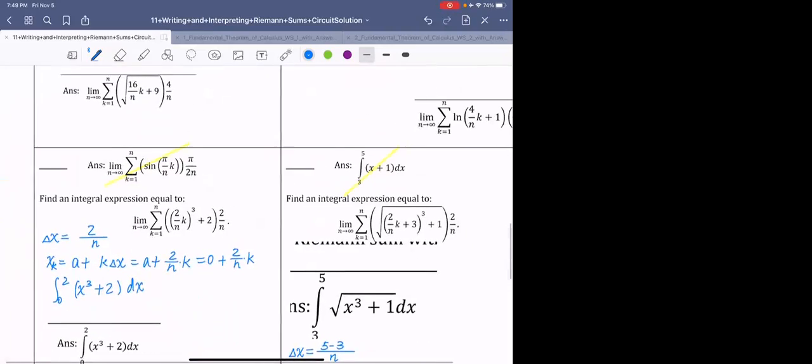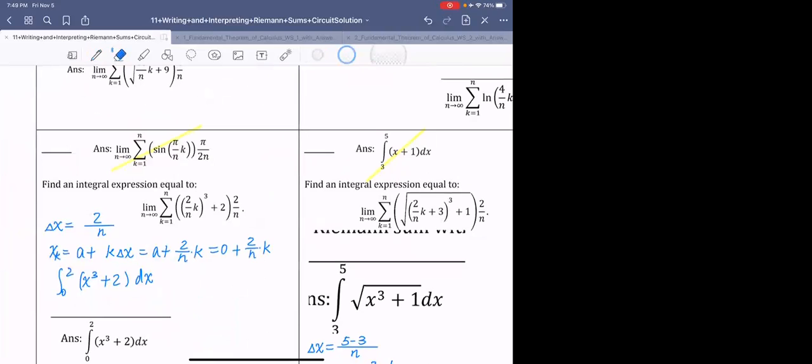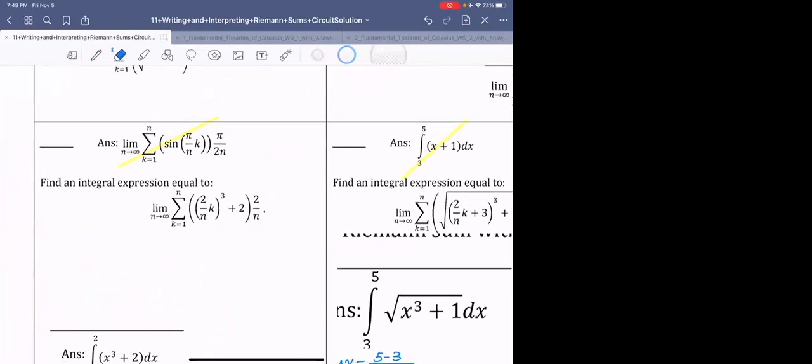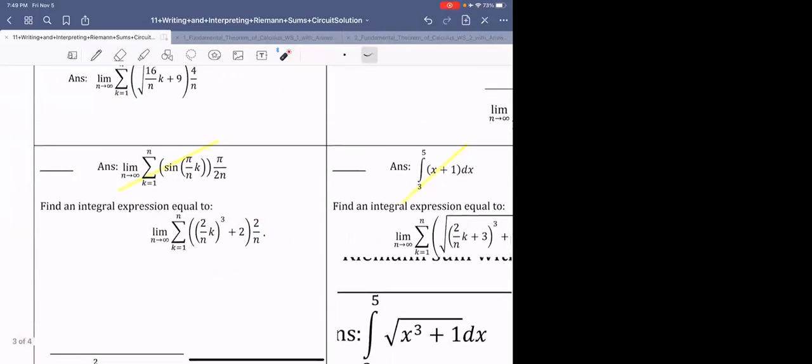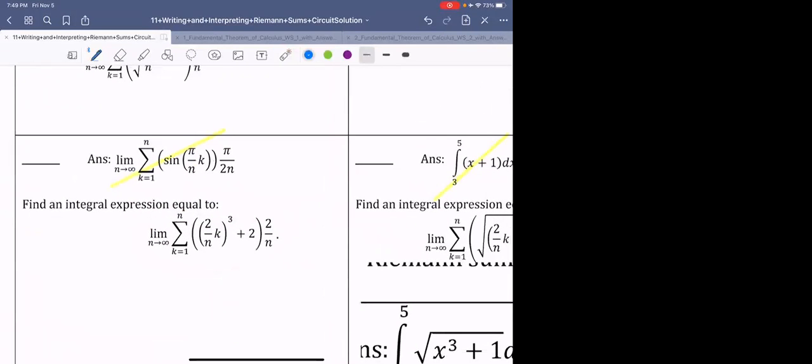Now, let's do this one. Ziju, let's try this one. We want to change this to the integral format. Let's figure out the delta x first. Who is delta x? It's 2 over n.